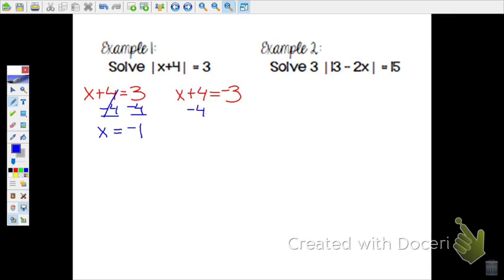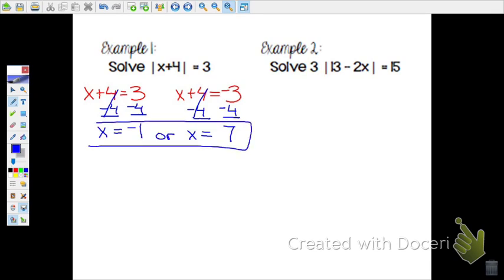I'm going to subtract 4 from both sides. And I get x equals negative 7. So there should be an or between those. Okay. So the answer can be negative 1 or negative 7.